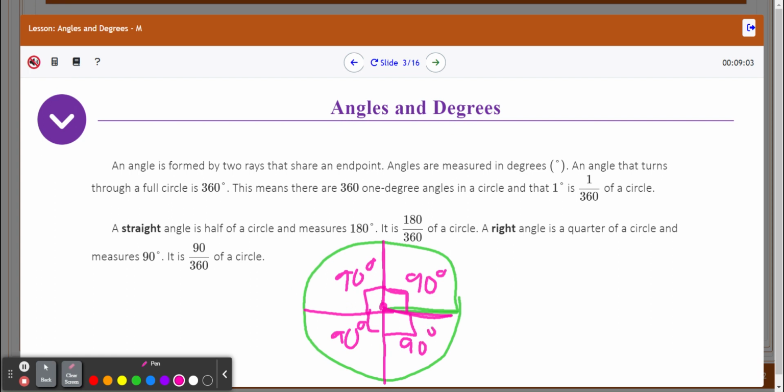If you add these all up, guess what you get? 360. So if I just want to talk about this part right here, remember, it's out of 360 degrees, the whole circle, and out of that, boom, 90. So you can look at angles using degree measurements, and you can also look at them as fractions.